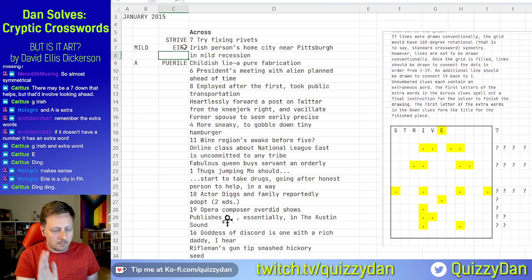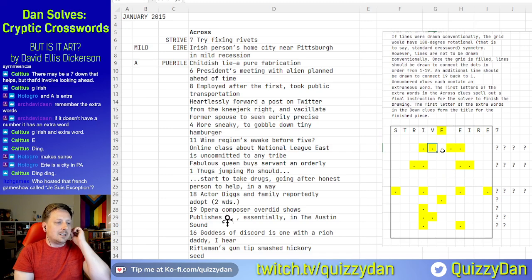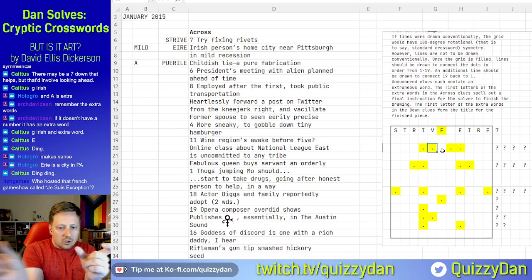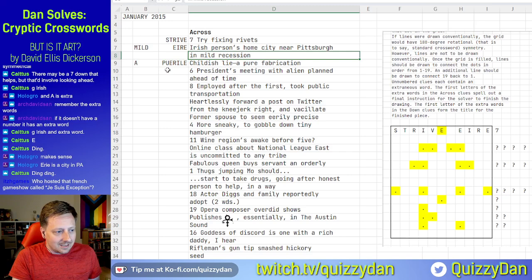That's quite common in American crosswords. That's going to be absolutely confusing to a Brit. I'm going to put you here, and I'm going to guess that there is a down that goes there. Either way, Strive and Ire are there, plus or minus a letter. But anyway, mild isn't needed there.